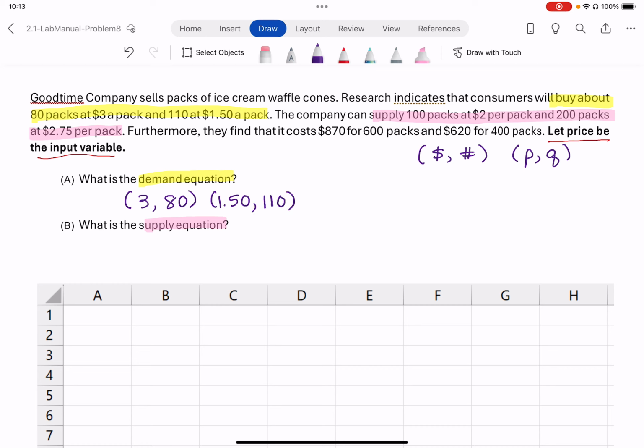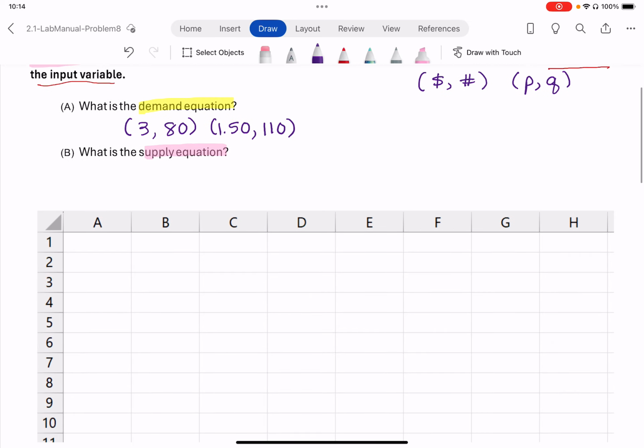Then what we're going to do is put these in Excel and we're going to find a trend line. Now just be mindful that in Excel, you're going to set up P and Q probably, and you'll have 3, then 80, and then 1.50 with 110, and then you're going to insert your scatter, and then just be mindful that you're probably going to have to do that row column switch.